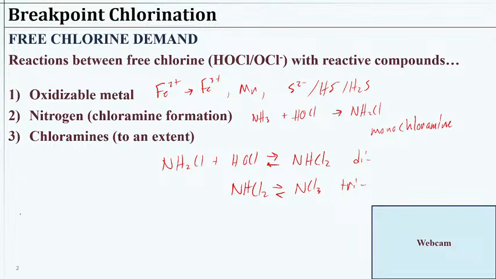So we might say we'll have some amount of chlorine that we applied minus the demand will result in what we would call, and I'm going to describe this specifically as, free chlorine residual.